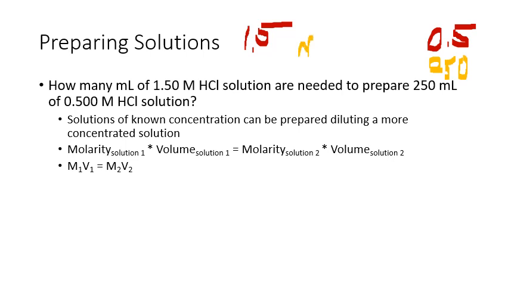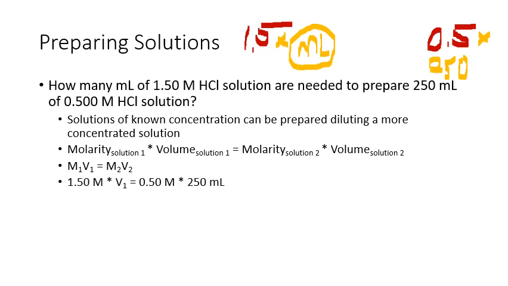So we need some number of milliliters over here, so this times this is equal to this times this. So 250 times 0.5 divided by 1.5 would tell us the amount of milliliters of the concentrated solution that we would need to make this sample here. So we can write that out. We know that we had a 1.5 molar HCl solution, and we had a certain volume of that HCl solution.